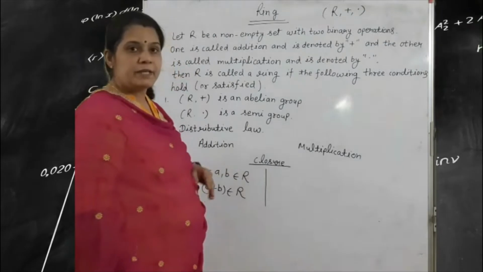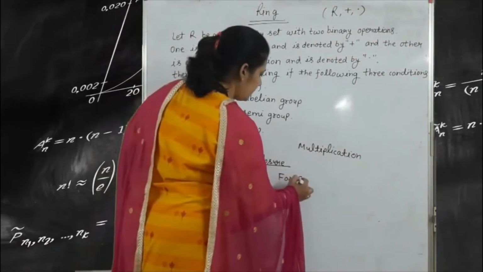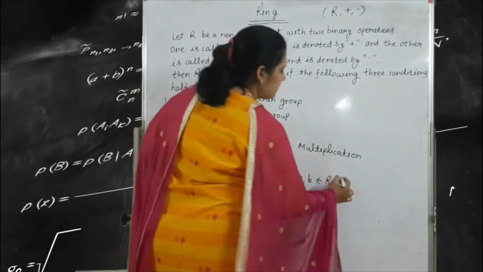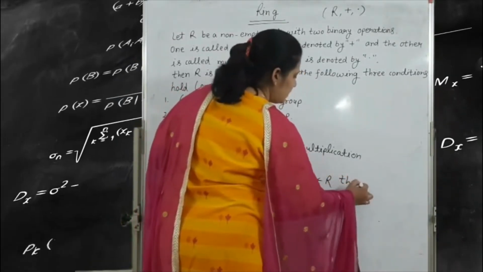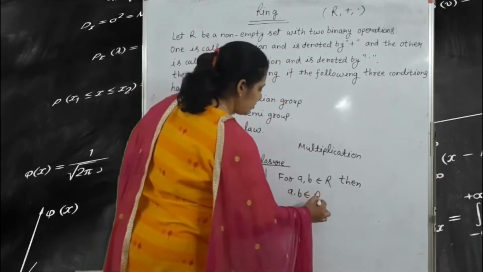For multiplication, for a, b belongs to R, then a dot b also belongs to R.